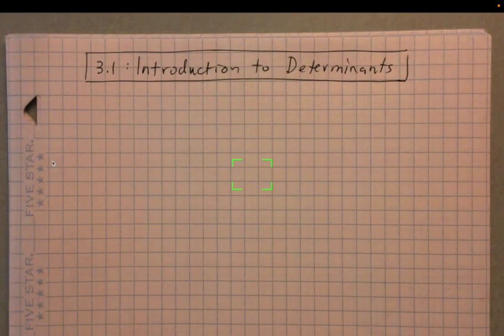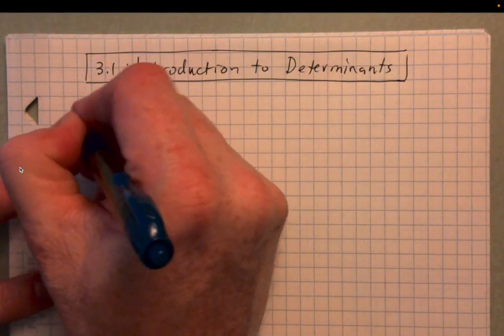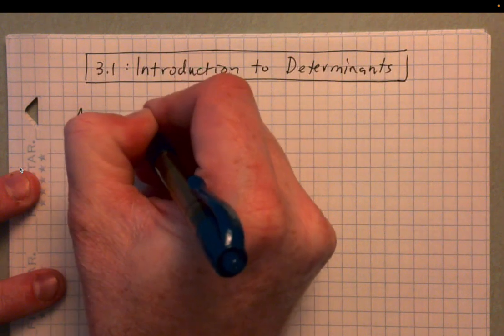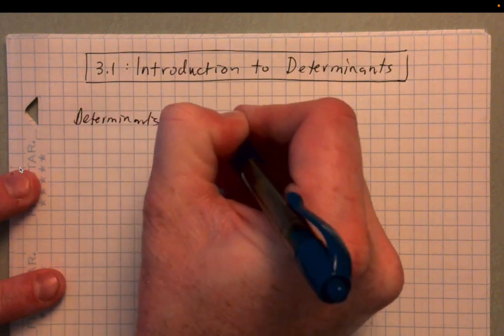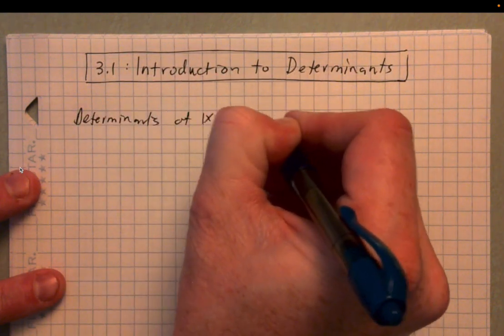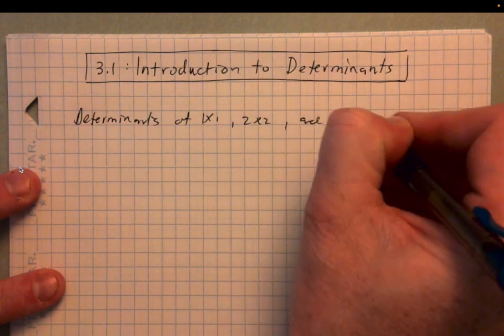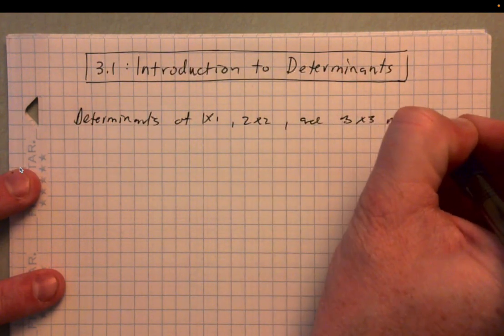And so we're going to start by calculating determinants for matrices with smaller dimensions. So we're going to start with the determinants of 1 by 1, 2 by 2, and 3 by 3 matrices.